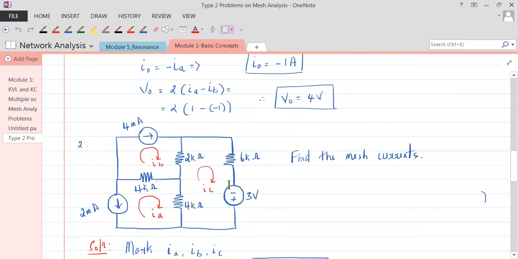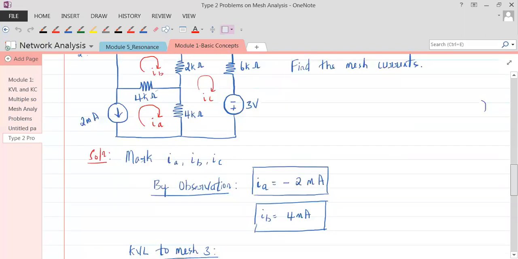By observation we can make out IB is 4 milliamperes, because IB is flowing in the direction of this 4 milliamperes. But if you look at this 2 milliamperes current, IA is flowing opposite to this. Since it is going opposite to 2 milliamperes, IA is minus 2 milliamperes. So that is something that we did in the last class.